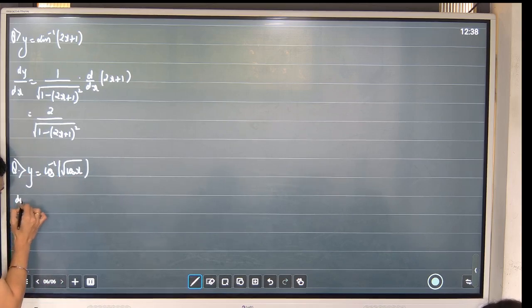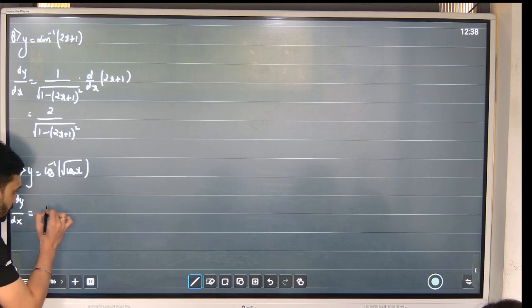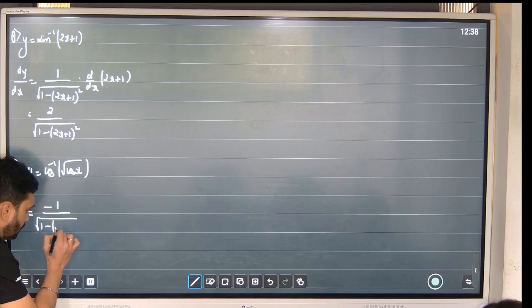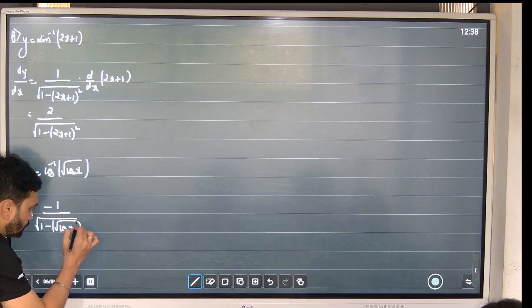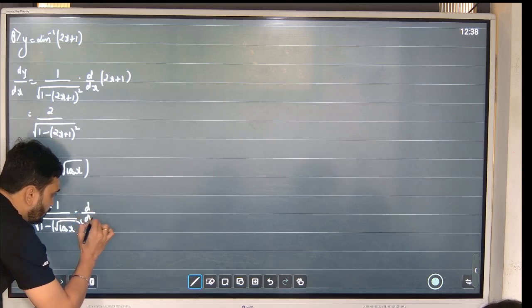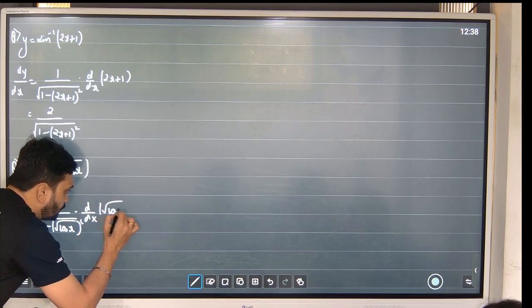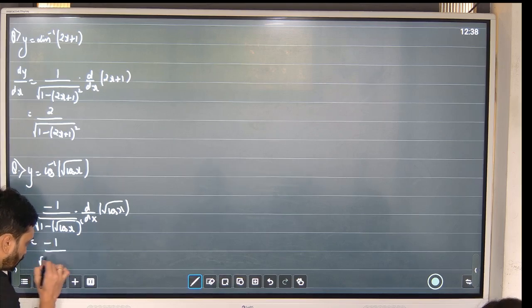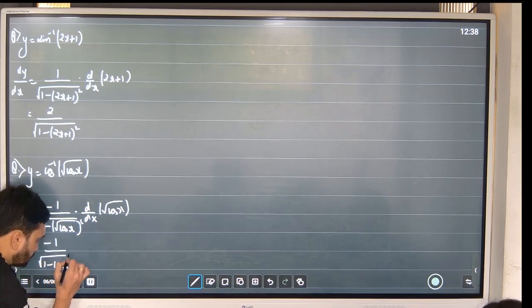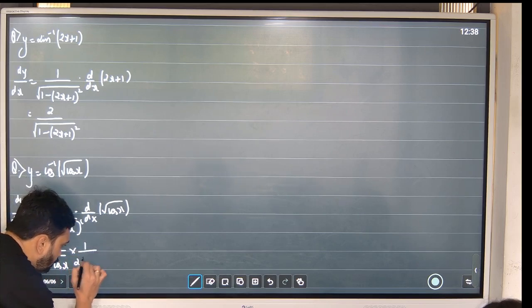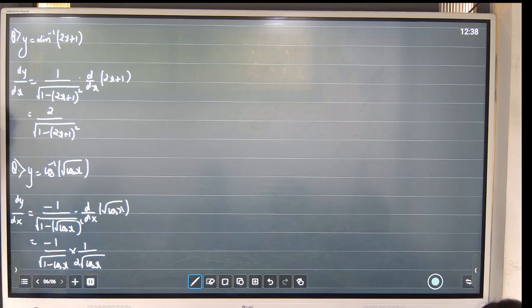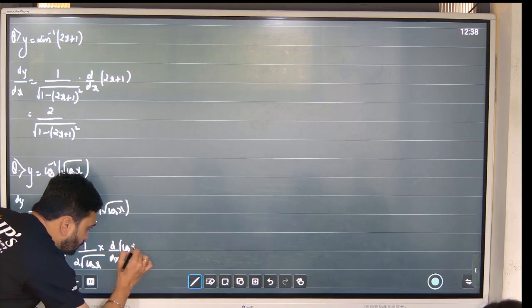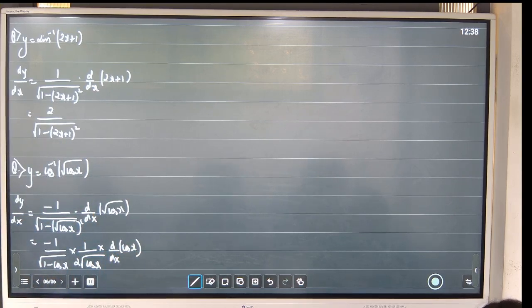So my derivative will become, derivative of cos inverse is minus 1 upon under root of 1 minus root cos x the whole square into d by dx of root cos x, which will become minus 1 upon root of 1 minus cos x into 1 upon 2 root of cos x into d by dx of cos x.